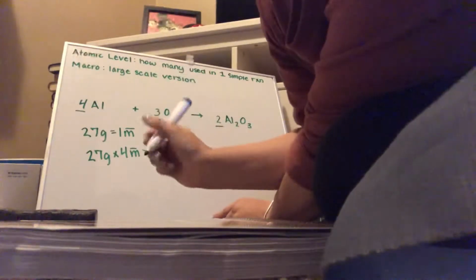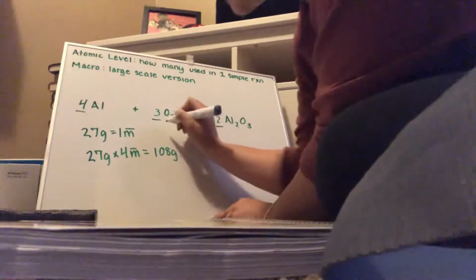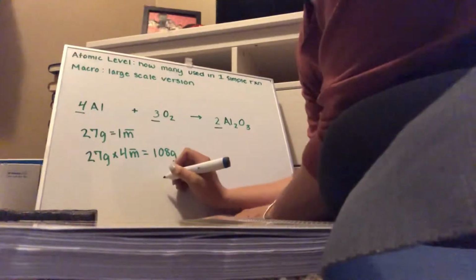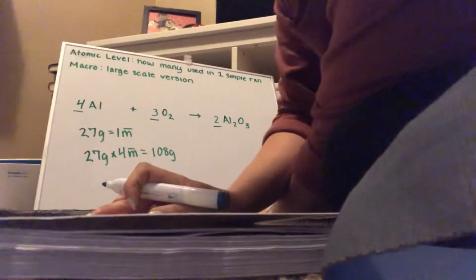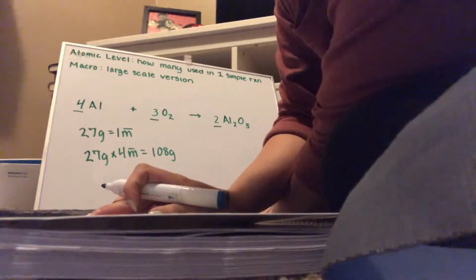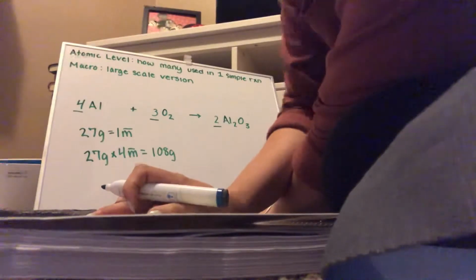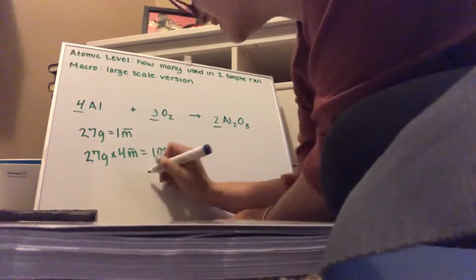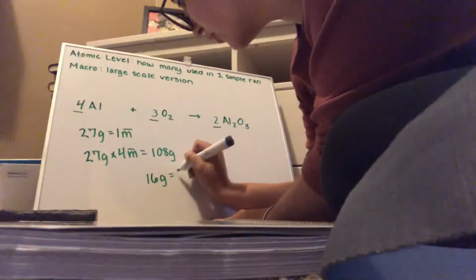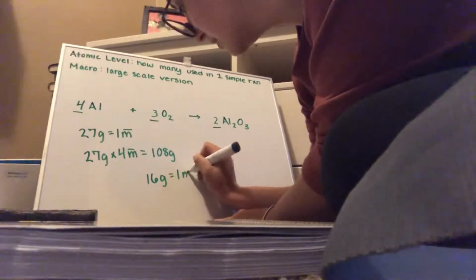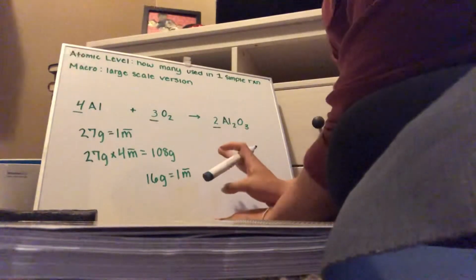Now, the oxygen is a little bit different, is 2 atoms in 1. So you have to remember that when you look for the atomic mass of oxygen, which is 16. So 16 grams equals 1 atom, essentially.